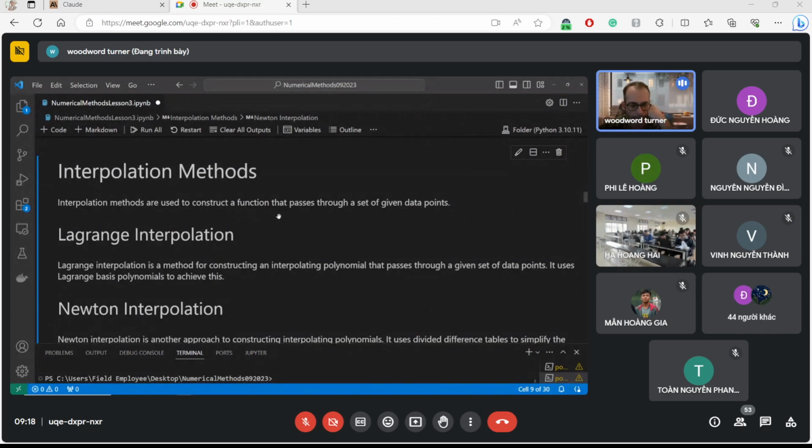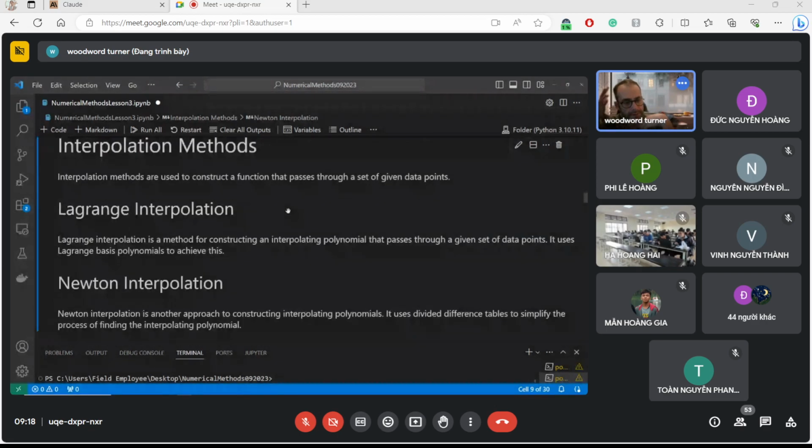There's a lot of different types of interpolation methods. But for now, I'm just going to go over the Lagrange interpolation. And this is a method for constructing an interpolating polynomial that passes through a given set of data points. It gives us a polynomial.